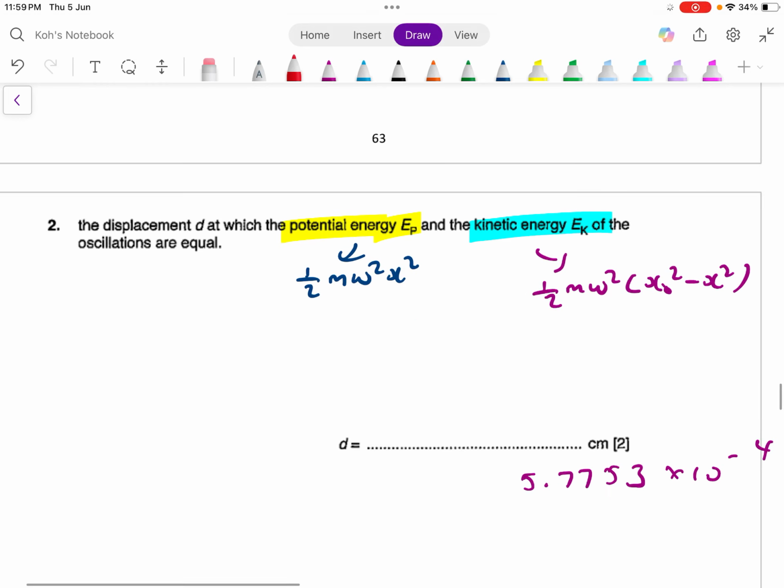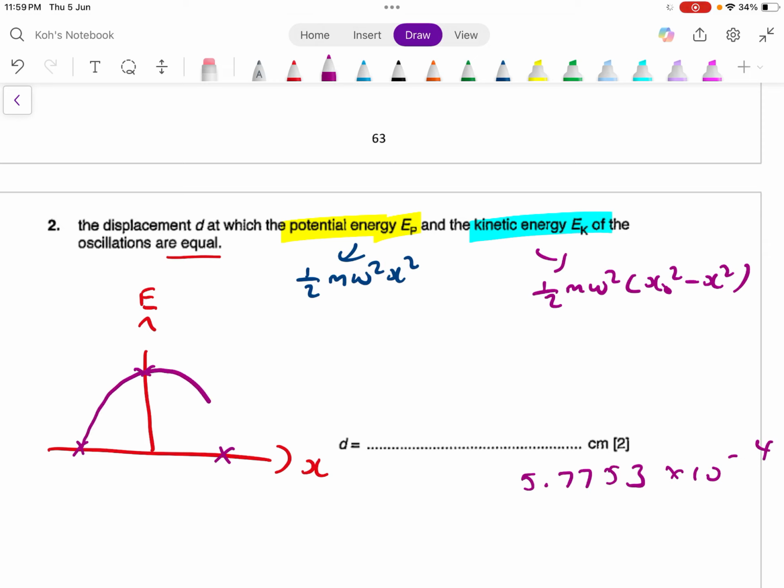Second part is more challenging. What should be the displacement at which the potential energy and the kinetic energy of the oscillation are equal? If I sketch the graph of energy against displacement, definitely my kinetic energy is a sad face, then my PE, my potential energy, is a happy face.